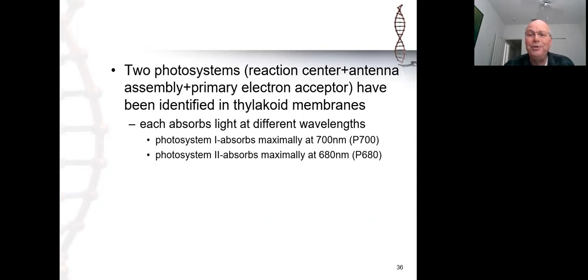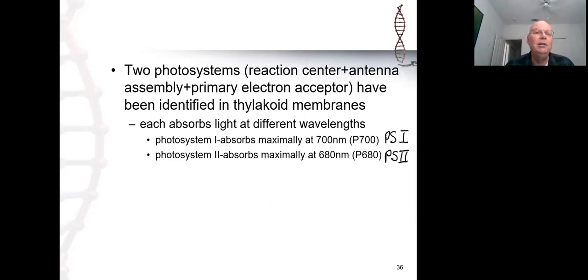And it's sometimes referred to as P680 because its reaction center absorbs light best at 680 nanometers. Now, they also have abbreviations. So photosystem 1 is abbreviated PS1, and photosystem 2 is abbreviated PS2. And so you'll hear me refer to PS1 and PS2.